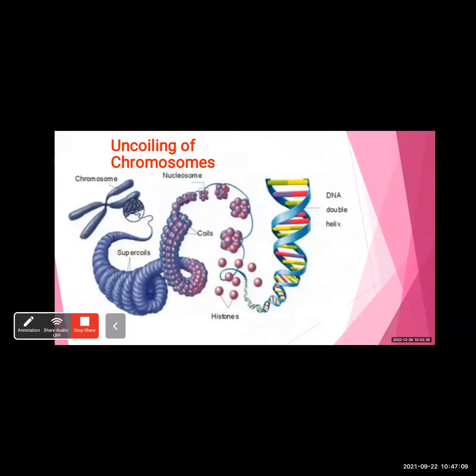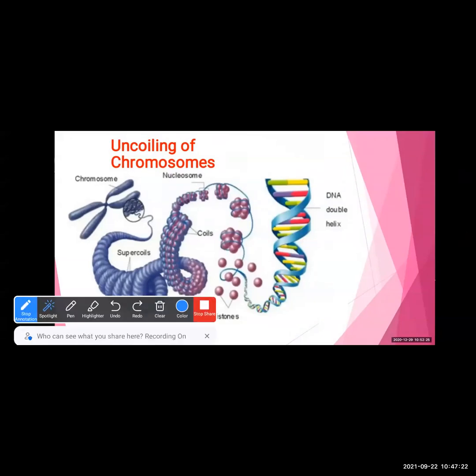Here we'll try to understand the uncoiling of the chromosome, right? Here you can see, as I've told you, the chromosomes are present inside the nucleus. This is the structure of the chromosome. When you magnify that chromosome, you can see such a structure. As you must have seen previously, the landline telephone used to have such a coiled wire. In this way it is coiled, and inside it the thread-like structure is present, which is called DNA.